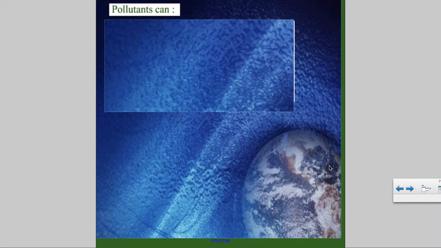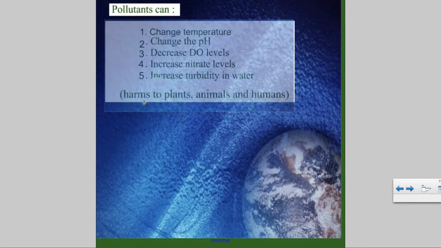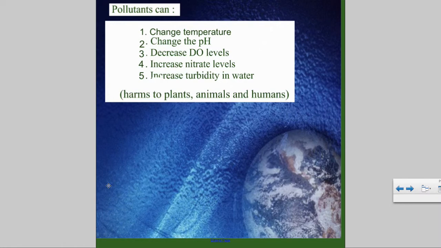Now let's look at some things that pollutants can do. There's 5 things that pollutants can do, and these 5 things are very important because these are the 5 things that we're going to focus on in determining the quality of the water. One is the change in temperature. Pollutants can change the temperature. It can increase it or decrease it, which is not good for aquatic life.